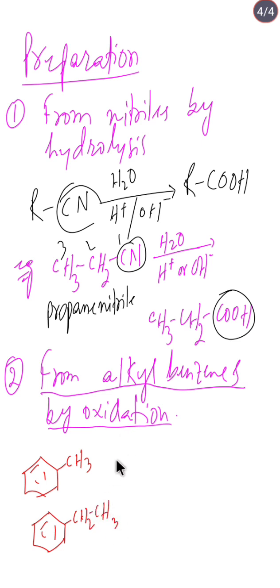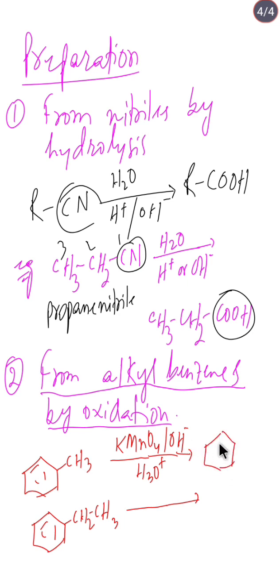Okay, when this methyl benzene or ethyl benzene is reacted with KMnO4 in presence of a base, followed by acidic hydrolysis H3O plus, then it is oxidized to benzoic acid.